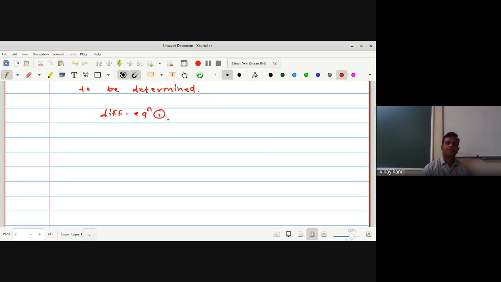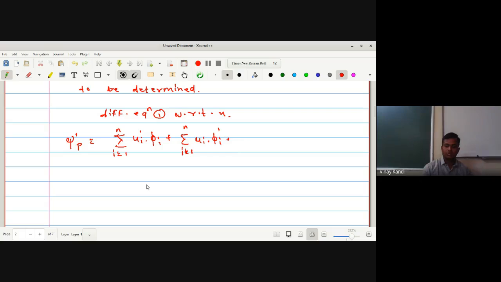So what do we get? psi p dash is equal to summation i running from 1 to n of ui dash into phi i, plus summation i running from 1 to n of ui into phi i dash. Any doubt?